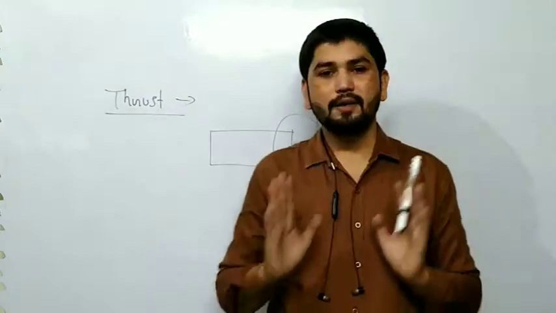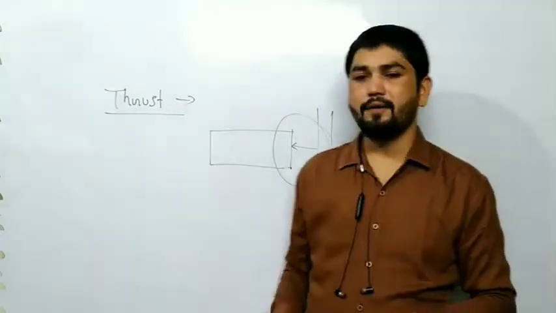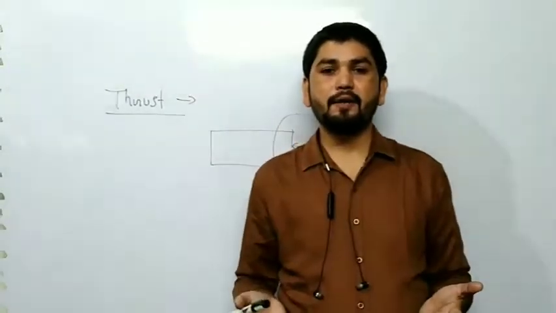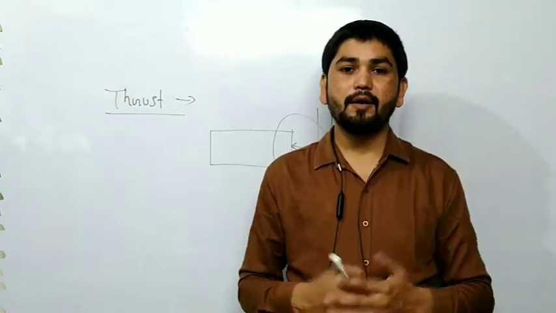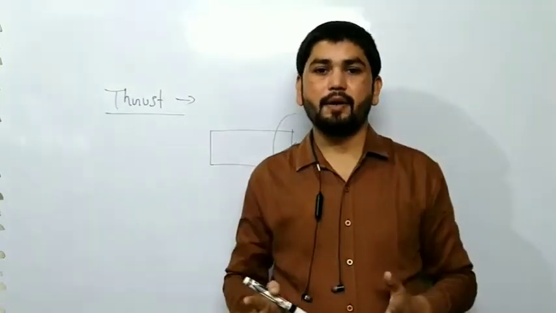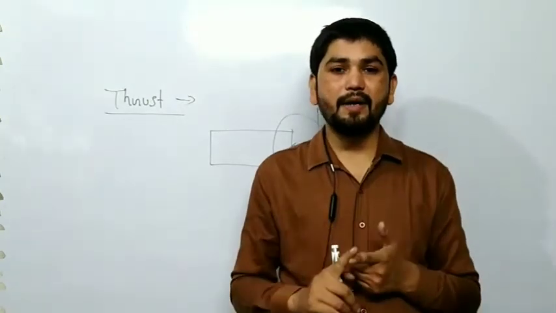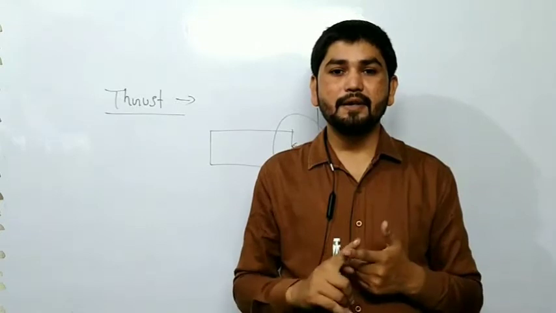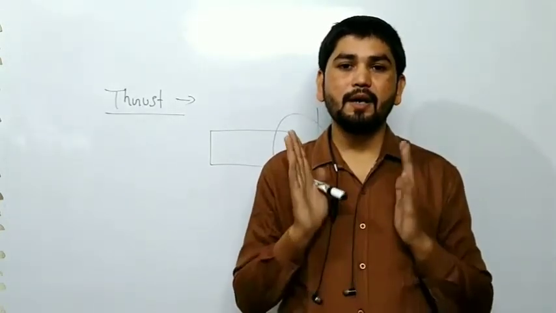This is the thrust. Okay guys, so it is a force. So what is the unit of thrust? Same unit, because it is also a force. The unit of force is Newton, so the unit of thrust is also Newton. Thrust is defined as the force which always acts perpendicular to the surface of the object.